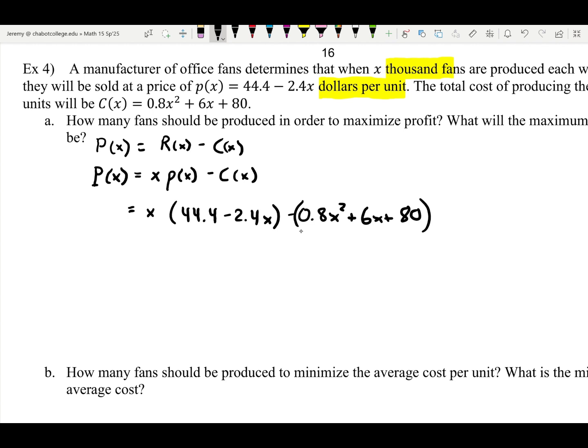All right, and we can simplify this. We would distribute the x, take the difference, all that stuff. I'm just going to give you what I got after simplifying: negative 3.2x squared plus 38.4x minus 80.